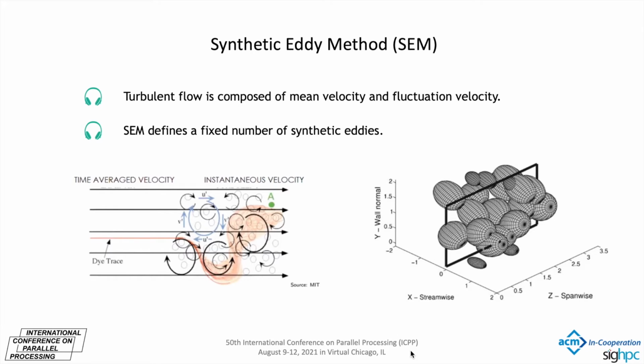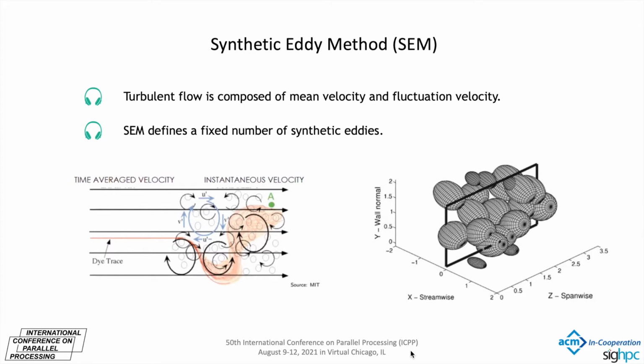SEM assumes that turbulent flow is composed of two parts, the mean velocity and the fluctuating velocity. As we can see in the left picture, the left side is the time average velocity and the other side is the instantaneous velocity.